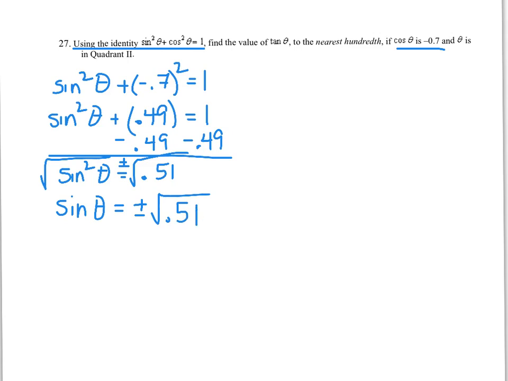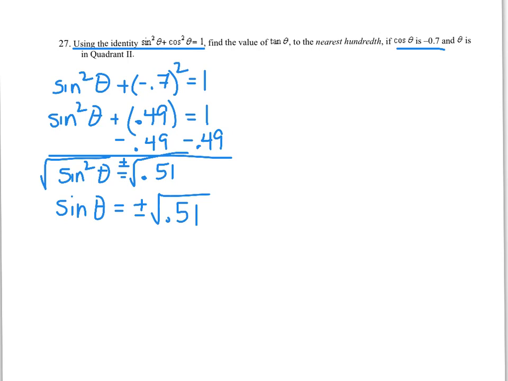Because if you read the question, it does say, using the identity, find the value of tangent to the nearest hundredth. Here's our cosine value, and here we go. And theta is in quadrant 2. Now we're in the second quadrant. So we have sine in the second quadrant.